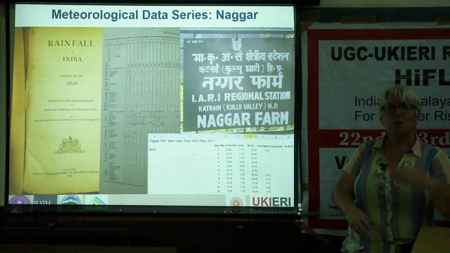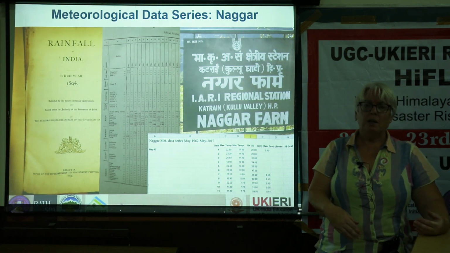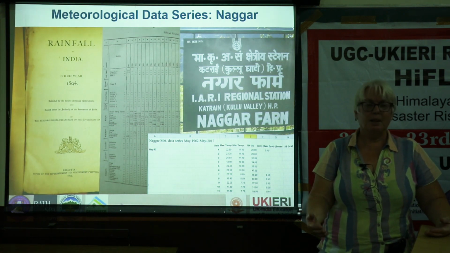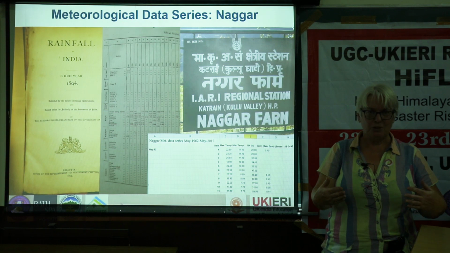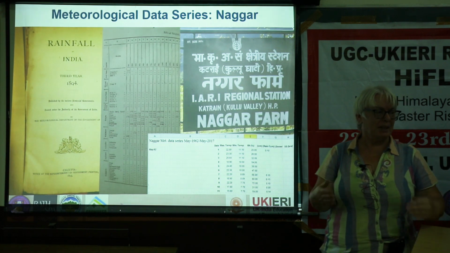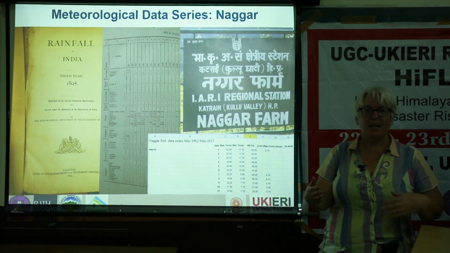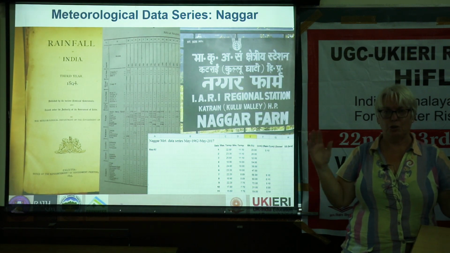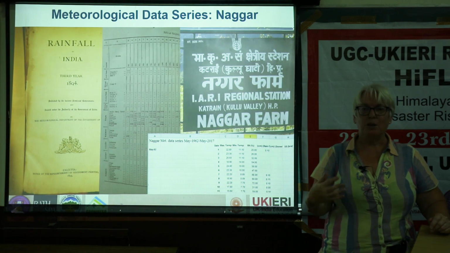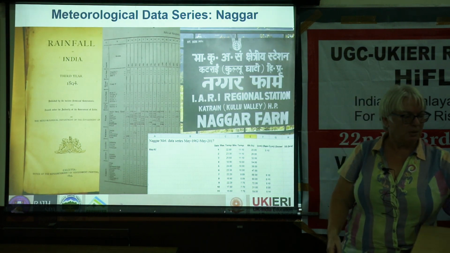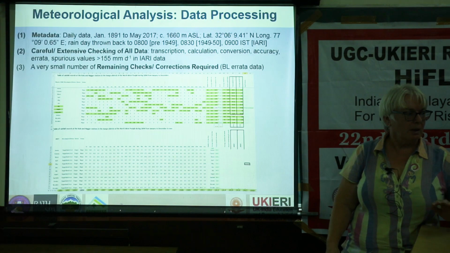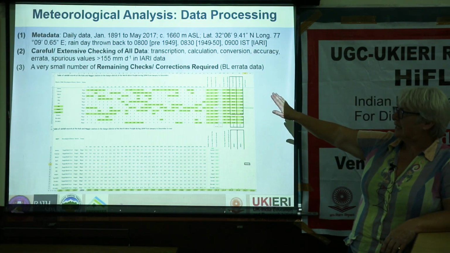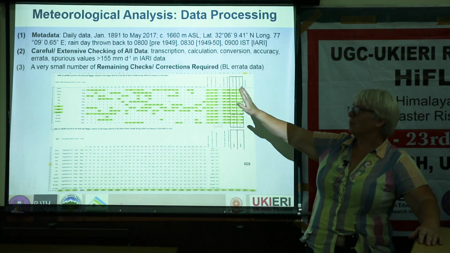So we've also used, and largely it's Rich who's done this, the daily meteorological data from Naga Farm, and he's been processing that data. It's a huge amount of data that has taken weeks to sort and process, from January 1891 to May 2017.